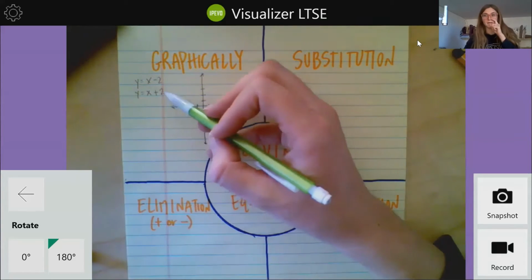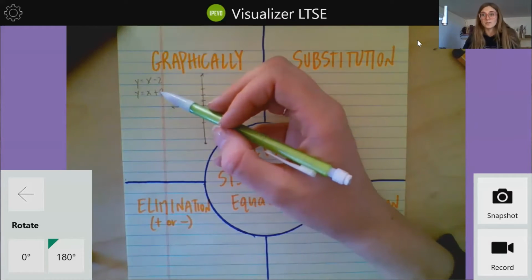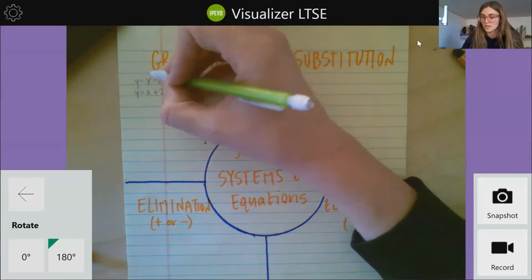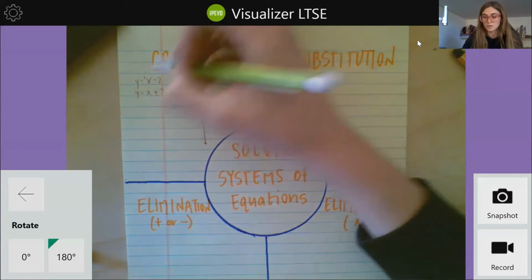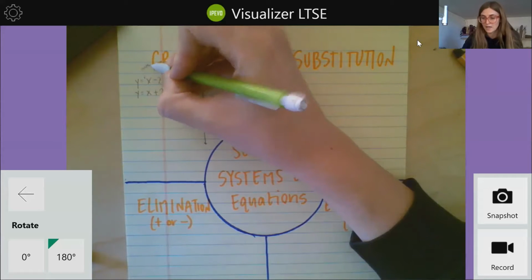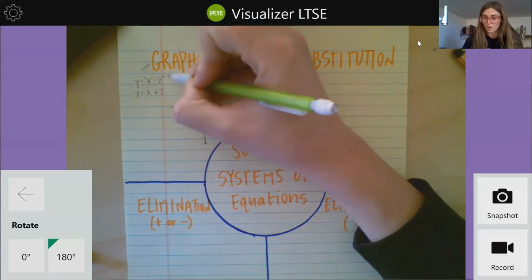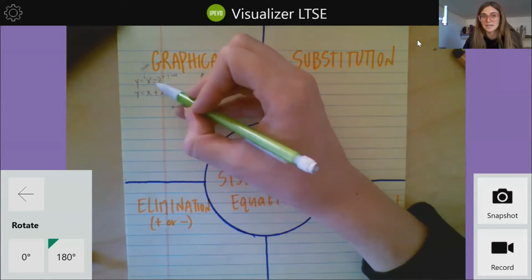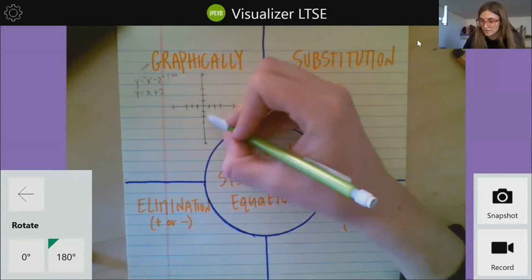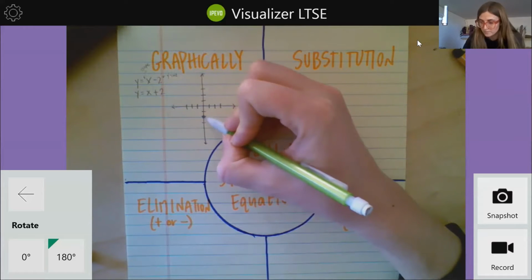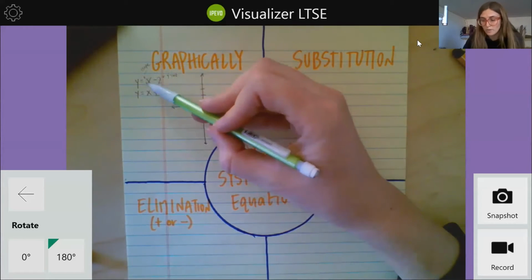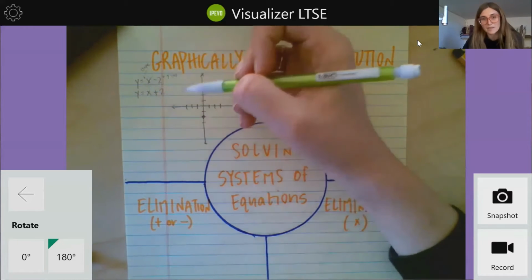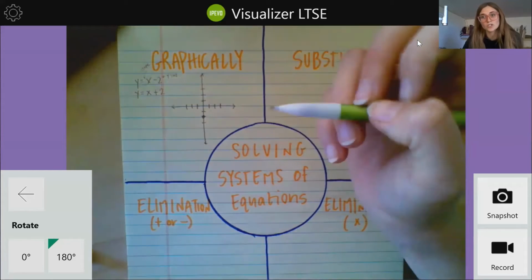These are both written in slope-intercept form. The coefficient of x is my slope, and the constant number is my y-intercept. My y-intercept in this first one is -2, so I go down to -2 and plot my point. Then my slope: if there's not a number written in front of the x, the coefficient is just 1.